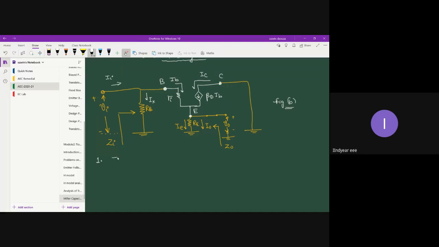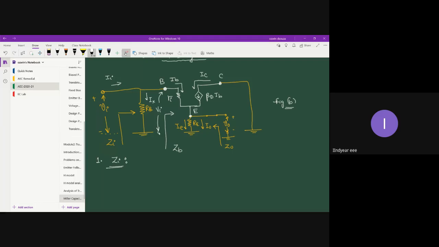First, let us find out Zi. Pretty simple. Just like your emitter follower, you can find out Zi as well. Let us define an assisting impedance ZB. ZB we have marked very close to the base terminal, and we will shift Vi onto the base terminal.